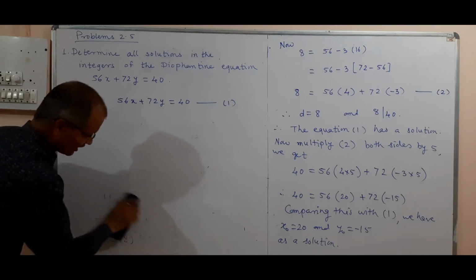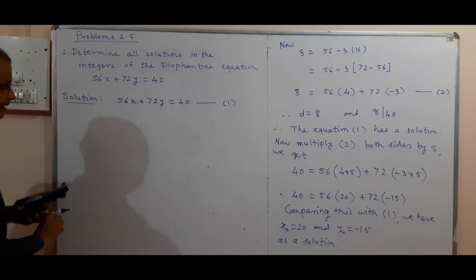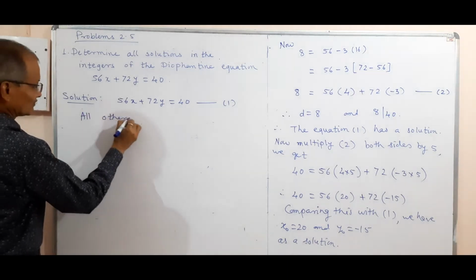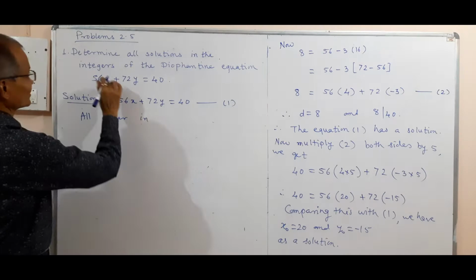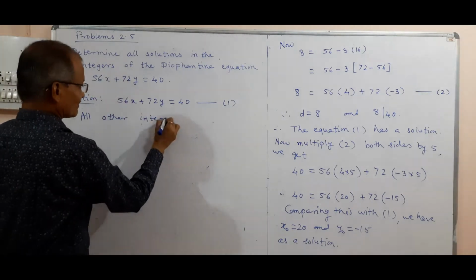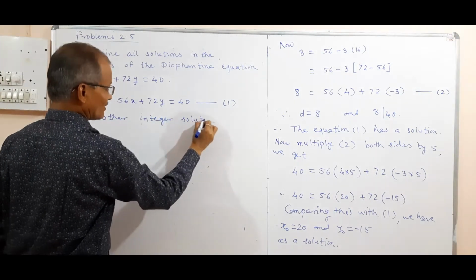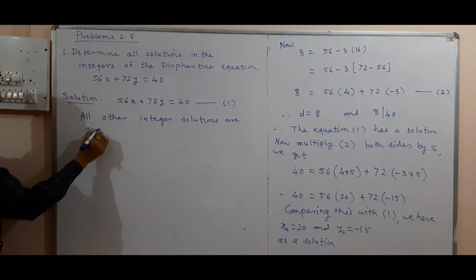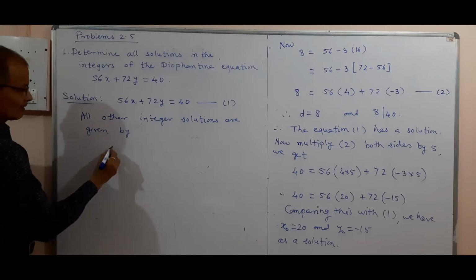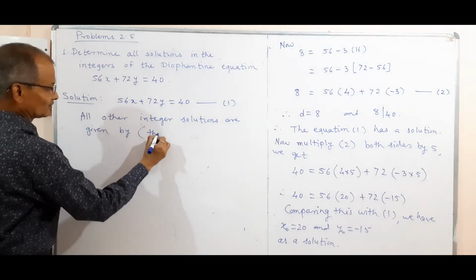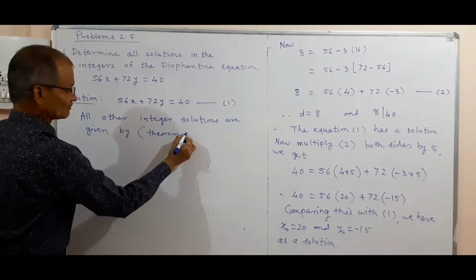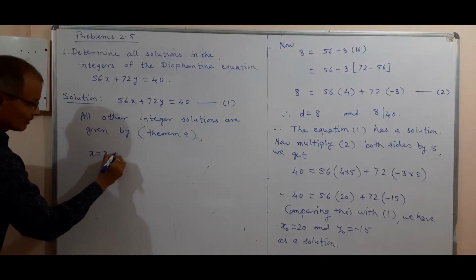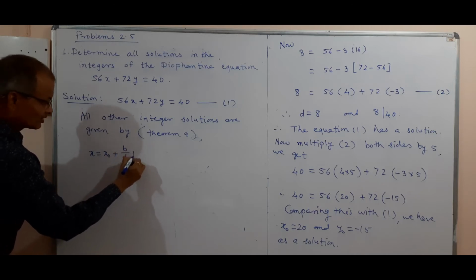All other integer solutions are given by theorem 9: x is equal to x naught plus b by d times t.